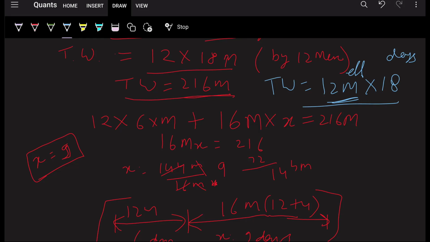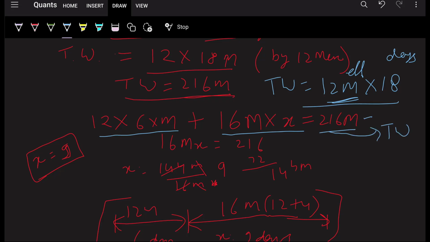The combined efficiency of 16 men will be 16m, and we have assumed that they work together for x days. So 16m into x is the work done by 16 men in x days, and this plus the work done by 12 men in 6 days will be equal to the total work.